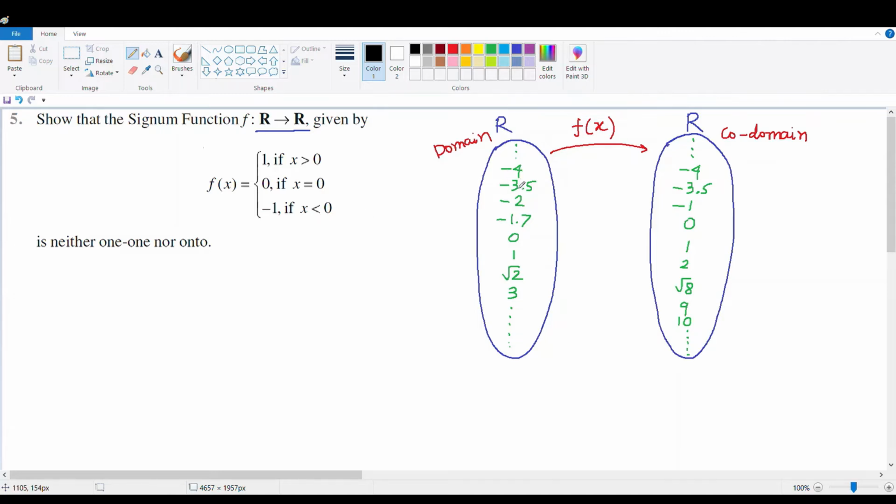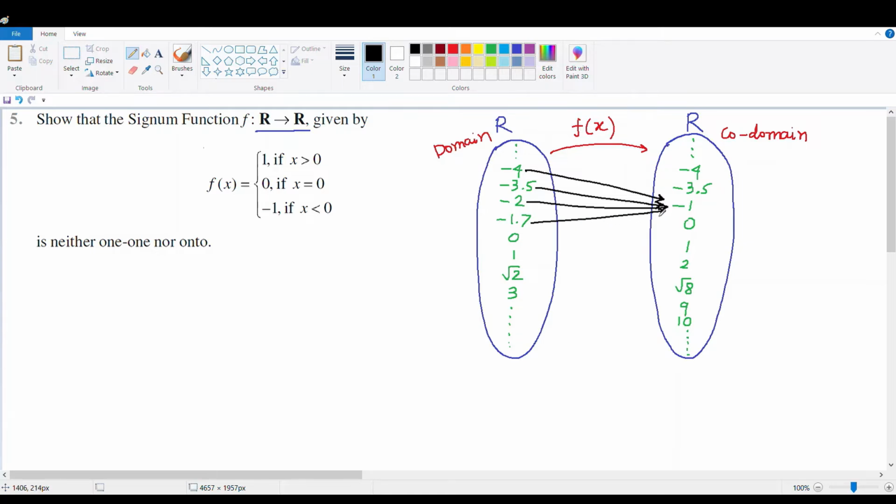When we think of this input, if your x is -4, that means it's going to come under this: when x is less than 0, it is -1. So -4 is going to get connected to -1. Now -3.5, again that is less than 0, so that is also going to get connected to -1. -2, again less than 0, so that is also going to get connected to -1.